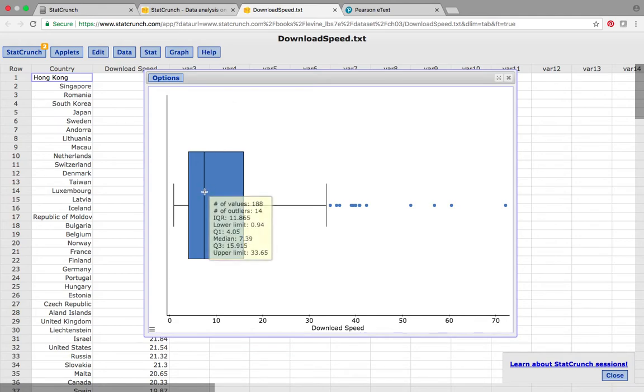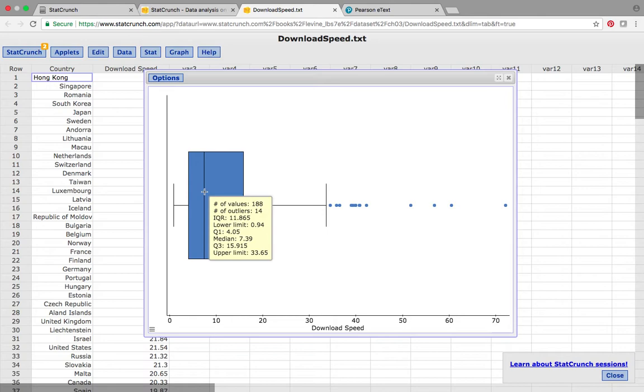The median would be the best measure of center for this distribution because it's so severely skewed. So the median of 7.39 tells me that about half the countries have download speeds below 7.39. About 50% of the countries have download speeds above 7.39.